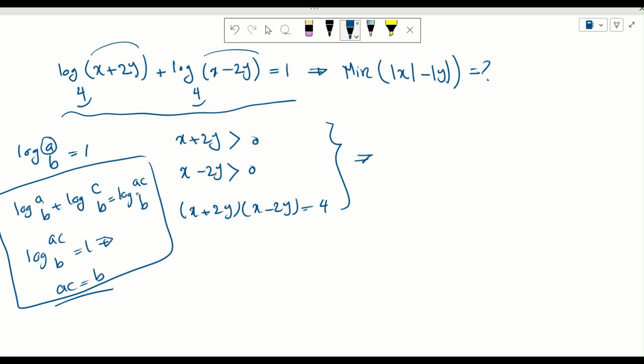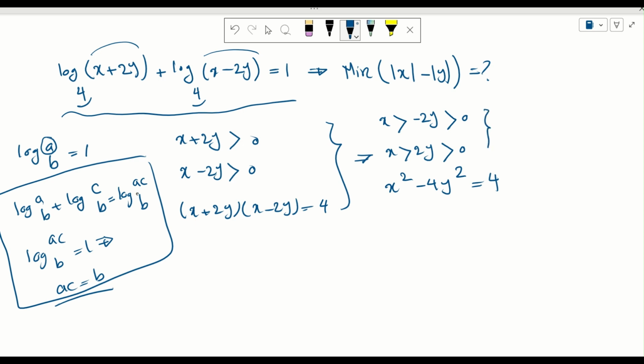Now let's look at what we have here. First of all, it says that x needs to be greater than negative 2y, greater than 0, and then the other one, x needs to be greater than 2y, greater than 0. And then I have this x squared minus 4y squared equals 4.